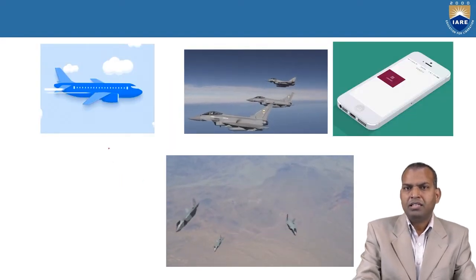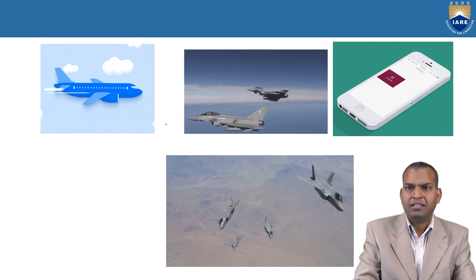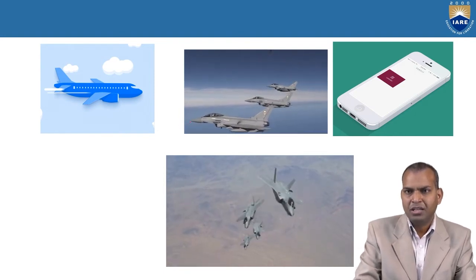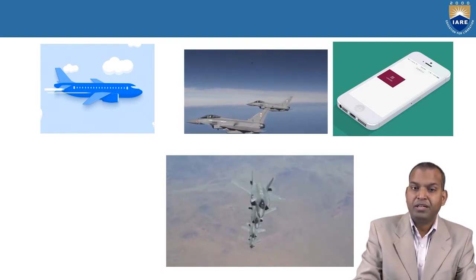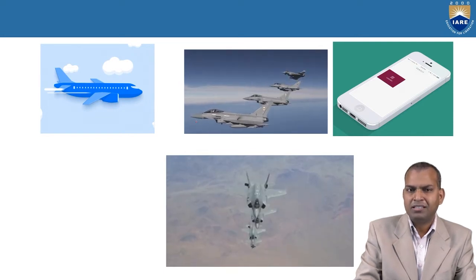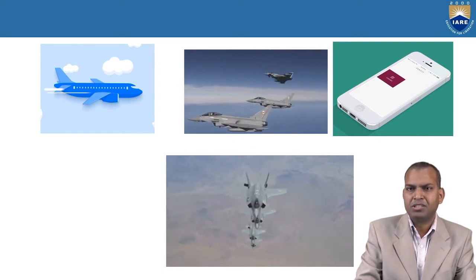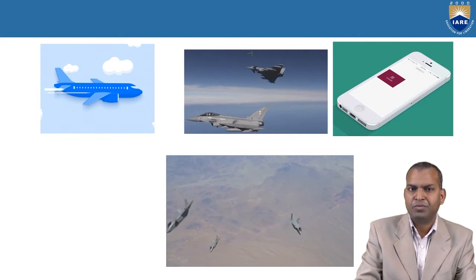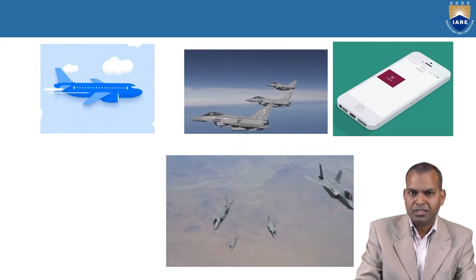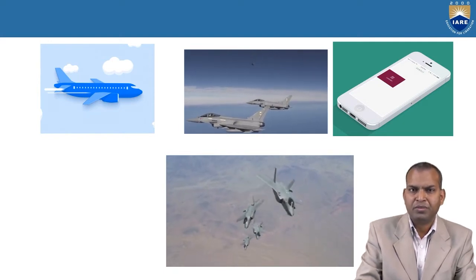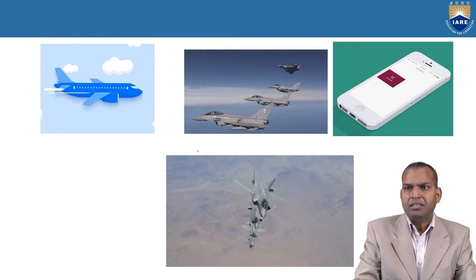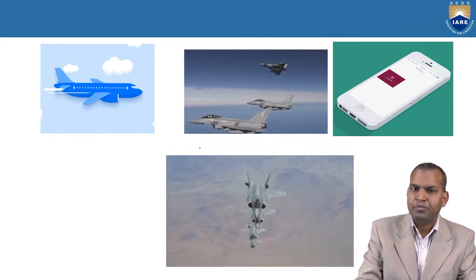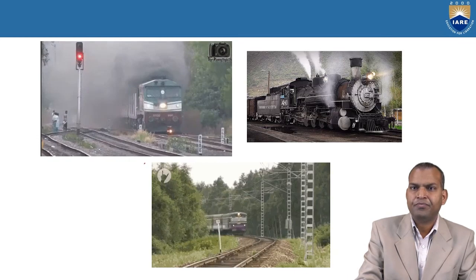Now here, the aircraft component. Here we can see fighter aircraft which are made up of different materials. We may say a certain percentage, around 30%, is made of composite materials, and various composites may be there. And cell phones are also made up of different materials.